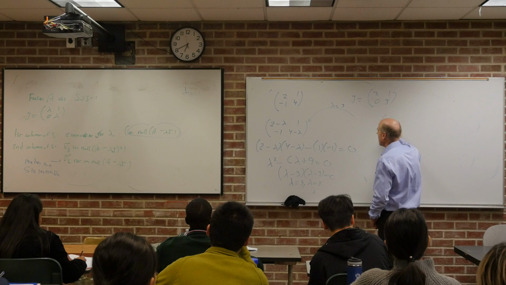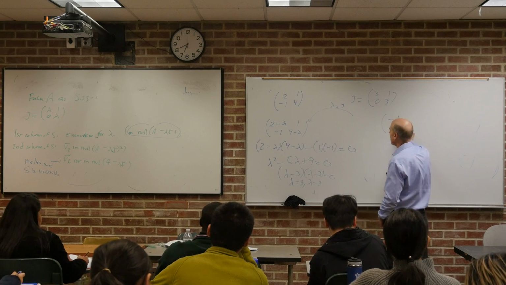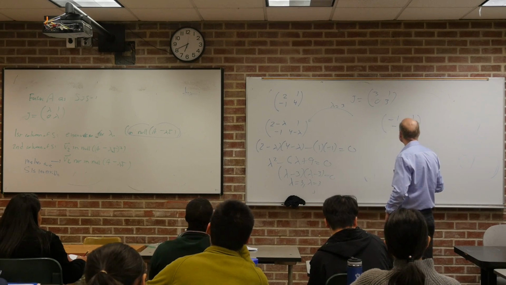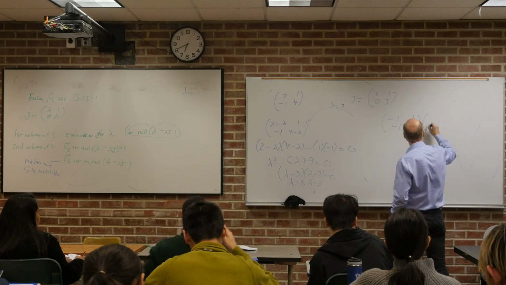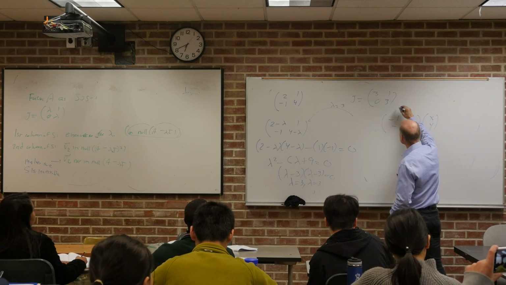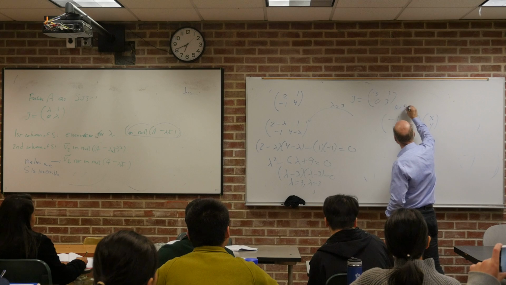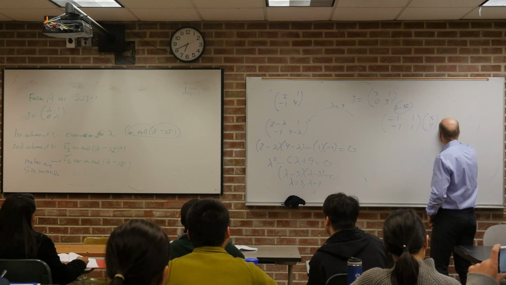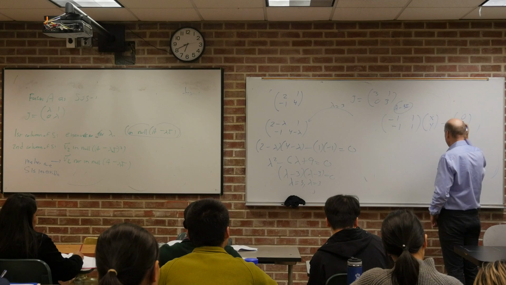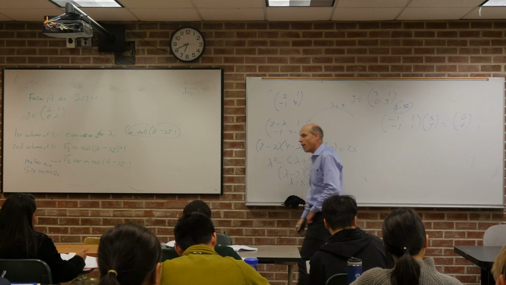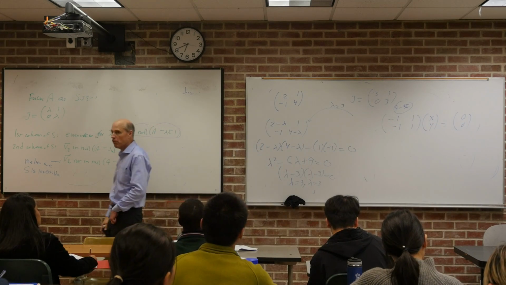Plug lambda equals 3 into this. Negative 1, negative 1, 1, 1. This is our A minus 3I. We've just pre-subtracted the x and the y to both sides.